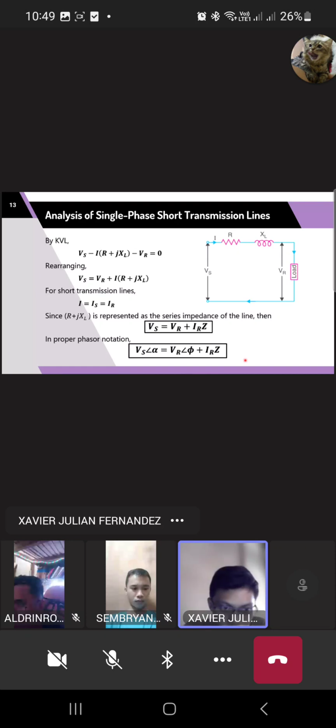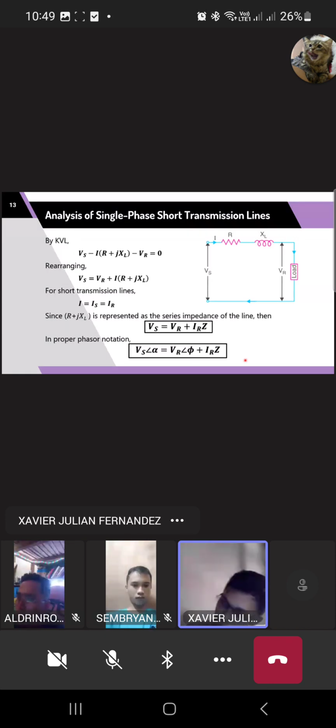So in phasor notation, we have to include angles. When we solve for the voltage at the sending end, please do not forget to put the angle of your voltage at the receiving end. Sir, what is the voltage at the receiving end?